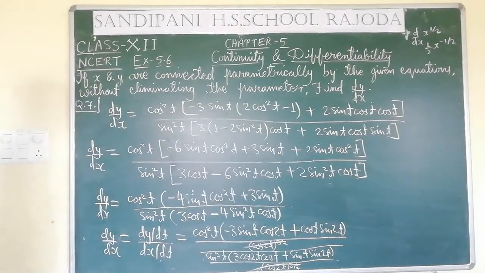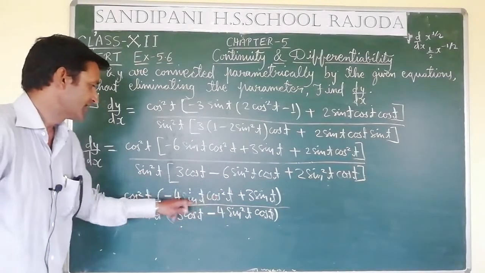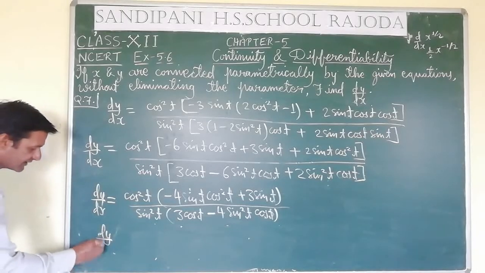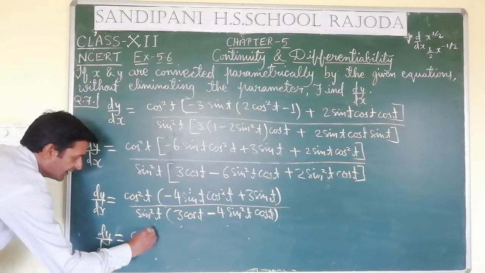Now we can take sin t common from here. So this will become dy by dx is equal to cos square t into sin t.